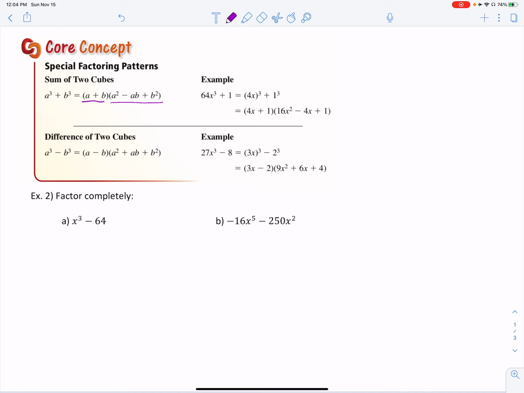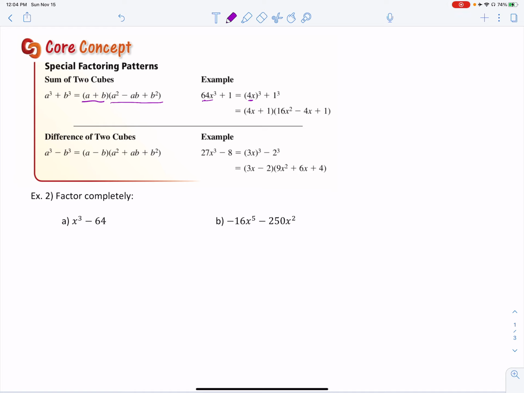And so they have this example here with 64x cubed plus 1. 64x cubed, if you take the cubed root, what times itself 3 times is 64? And that happens to be 4. So 64x cubed can be written as the quantity 4x cubed, and 1 cubed is 1.